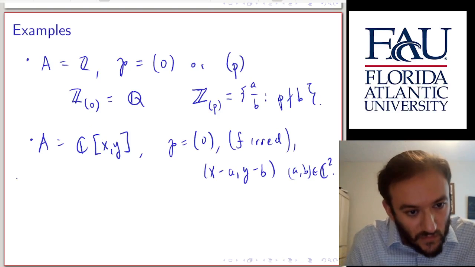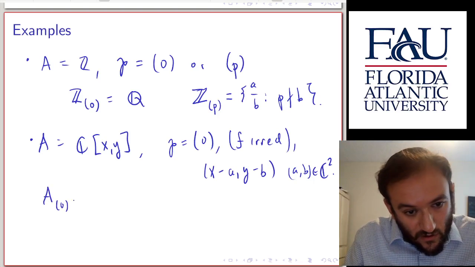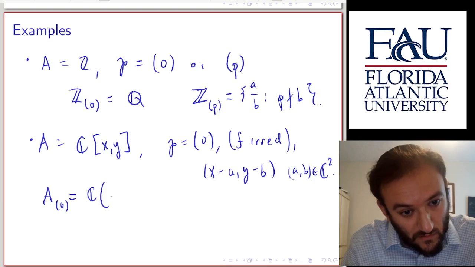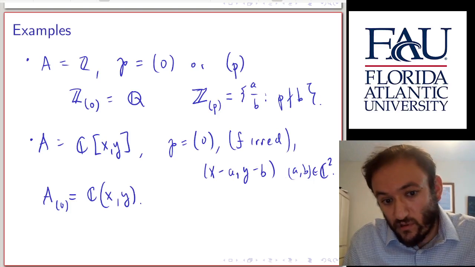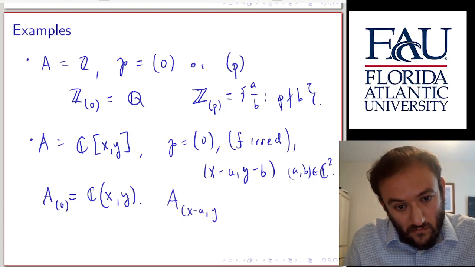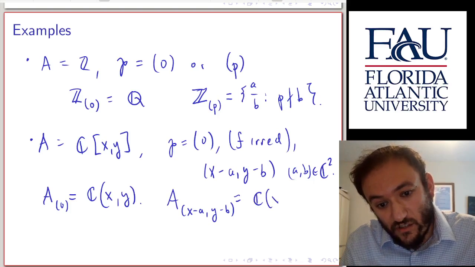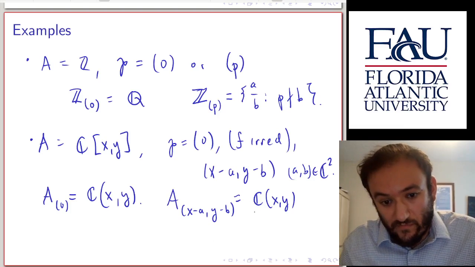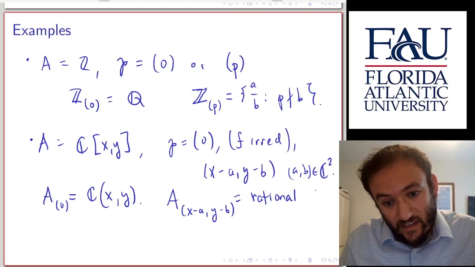Just using A here, A localized at 0 is going to be the field of rational functions in 2 variables. A localized at (x minus a, y minus b) will be the ring of rational functions that do not have a pole at (a, b), so rational functions well defined at (a, b).